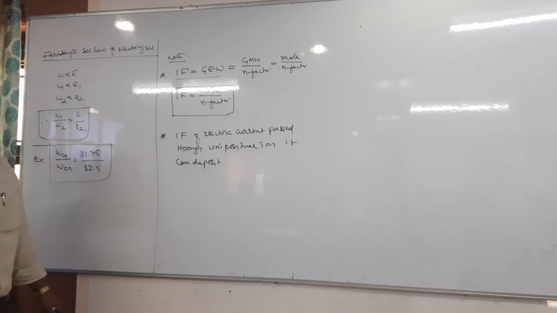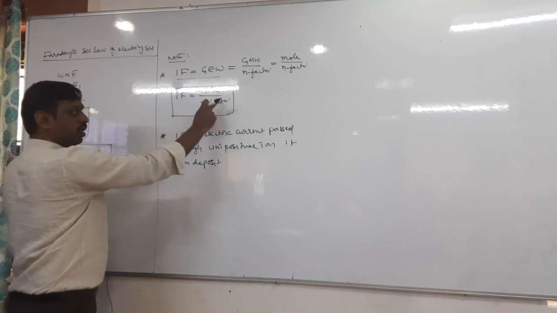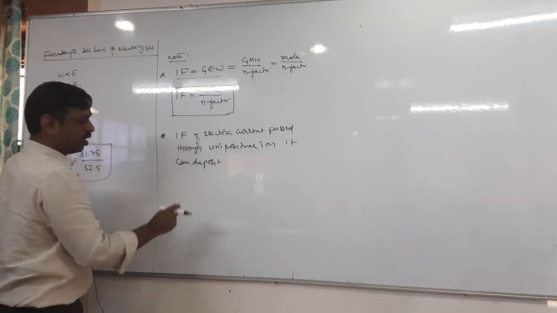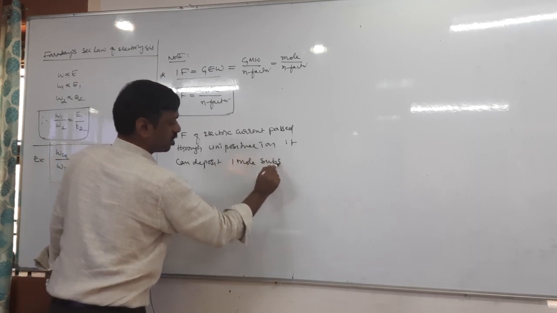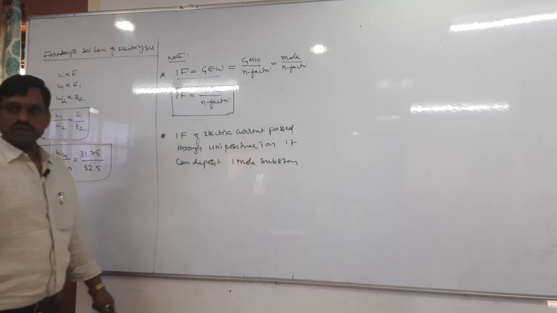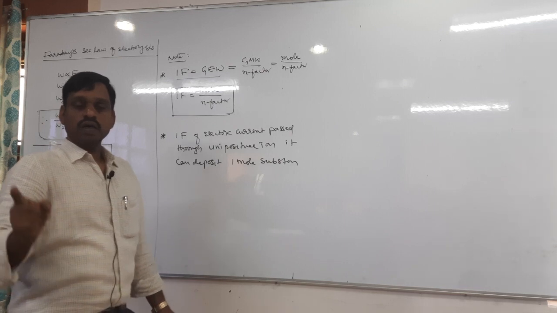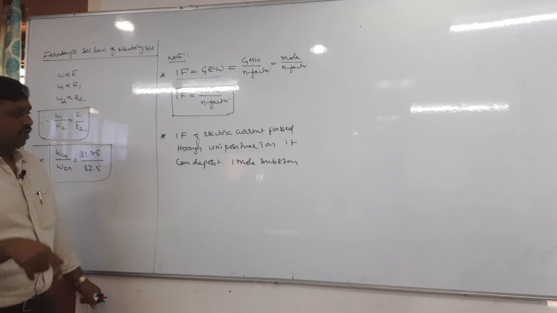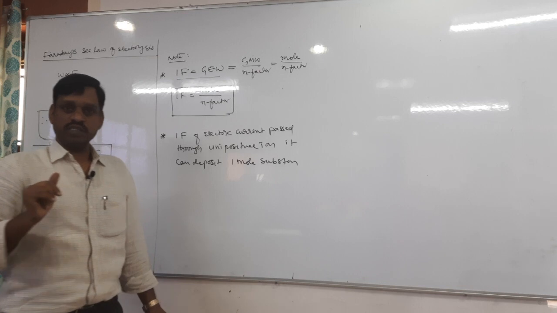I want how many moles? 1 mole. Why? 1 Faraday equals 1 mole divided by n factor. What is the n factor for unipositive? 1. Therefore 1 mole by 1 is 1. It can deposit 1 mole of substance, yes or no? It means when 1 Faraday of electric current is passed through the unipositive ion, and of course uninegative ion also, it can deposit or liberate 1 mole of any substance.